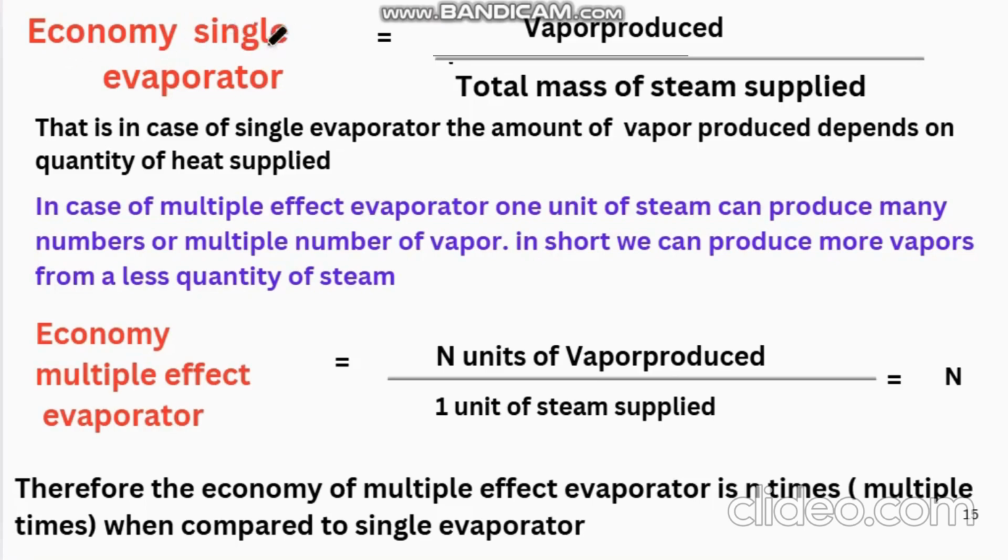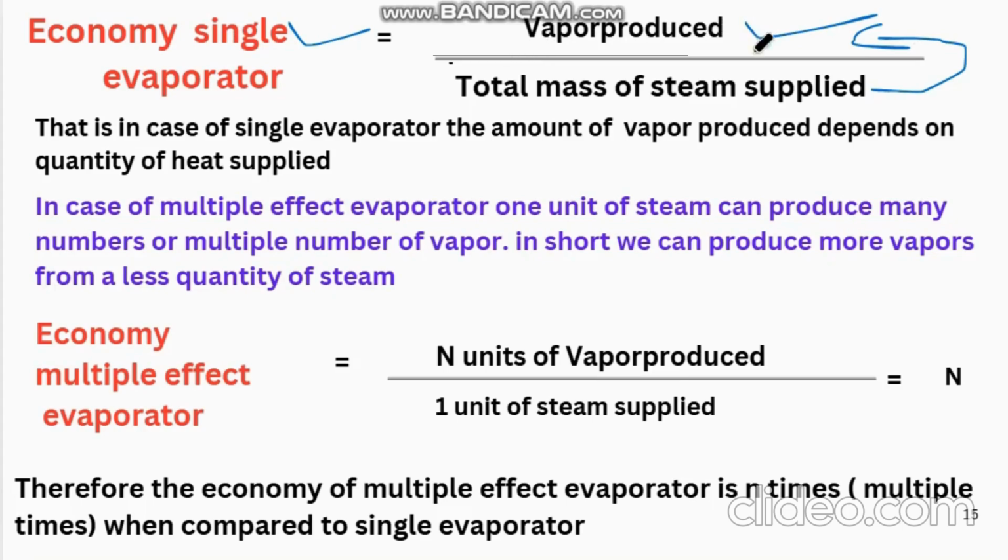So here the economy of the single evaporator is equal to the vapor produced divided by the total mass of the steam supplied. Means, however much steam is supplied to the evaporator, that much vapor is produced in case of single evaporators.